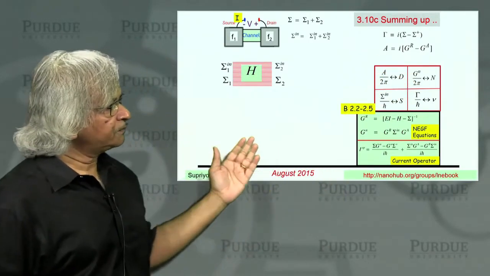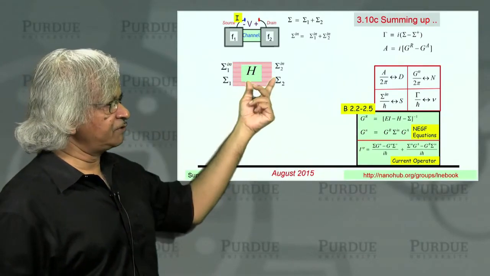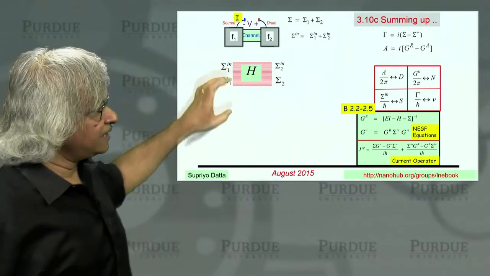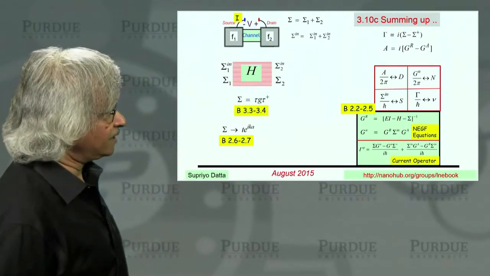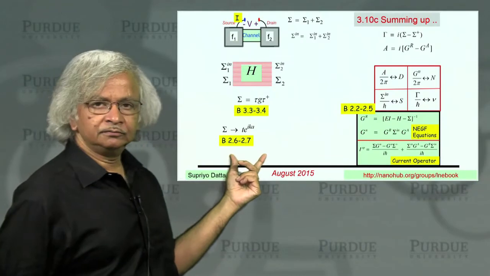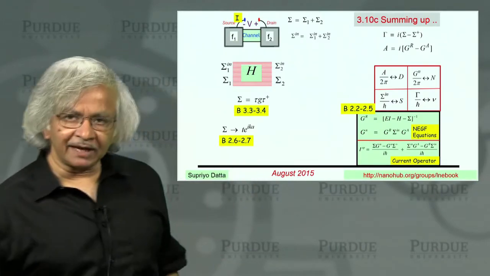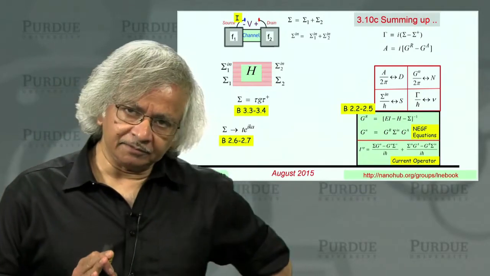Now, in order to use these equations, of course, first you need the H, which we did in Unit 1. But the next you need is the sigmas. And for the sigmas, in Unit 2, we talked about an elementary way of writing the sigma, which applies to one-dimensional problems.